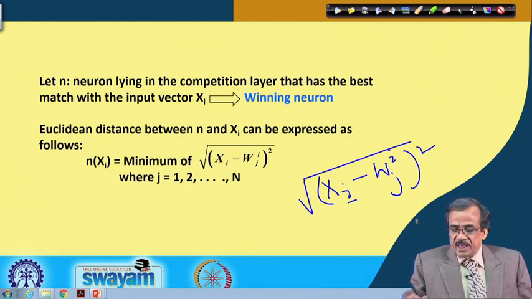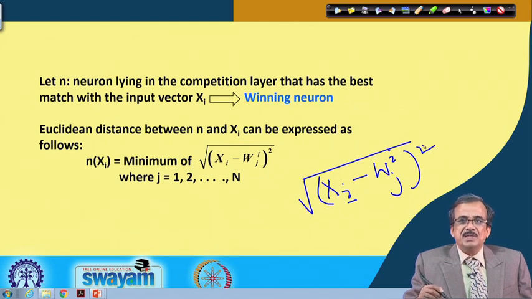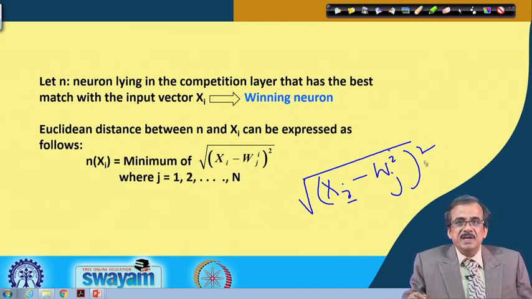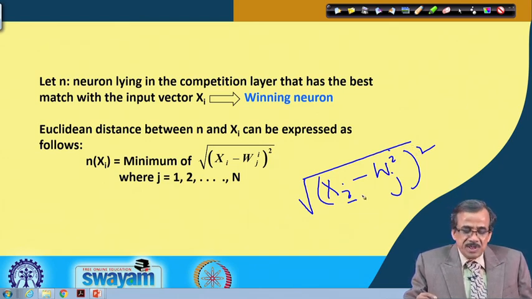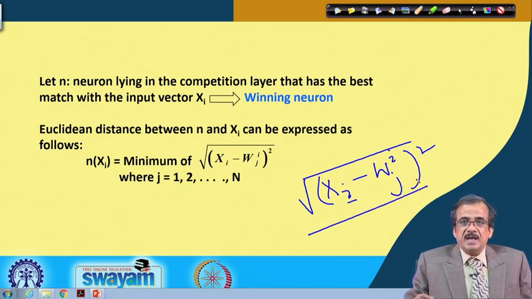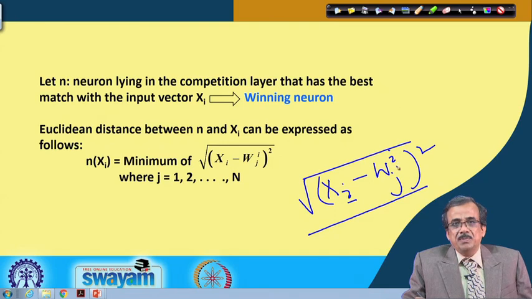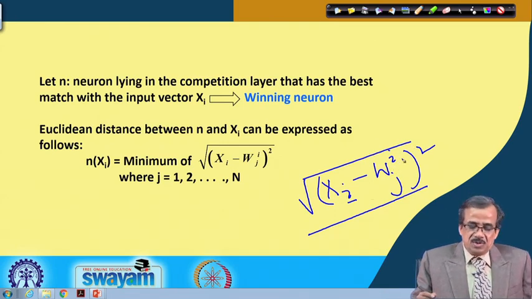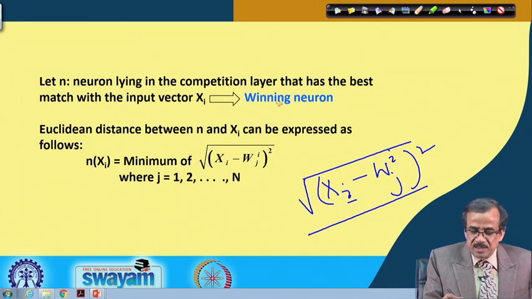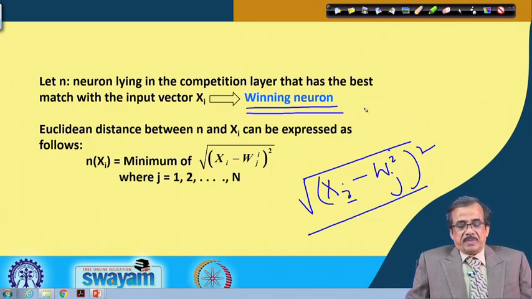We have capital N number of Euclidean distance values, and out of these we try to find out which one is the closest, which one has the minimum Euclidean distance value. That particular W having the minimum Euclidean distance is declared as the winning neuron or the winning connecting weight.